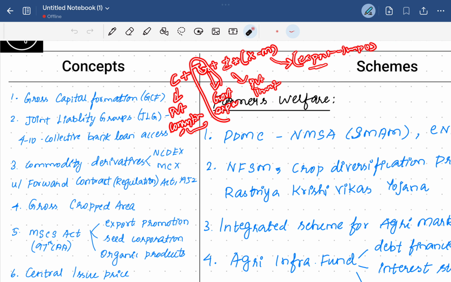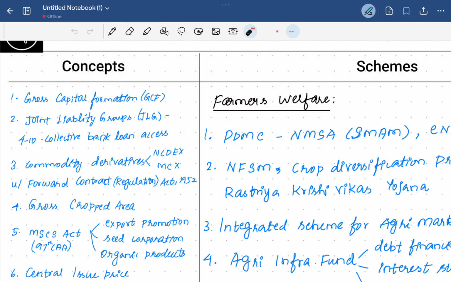This G part, the government expenditure part, is how much the government is investing for the capital formation, the gross capital formation, GCF, which can also be said as the gross fixed capital formation. This is nothing but the government investing in capital goods.